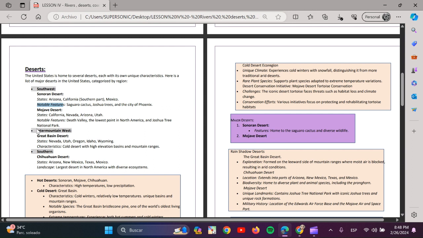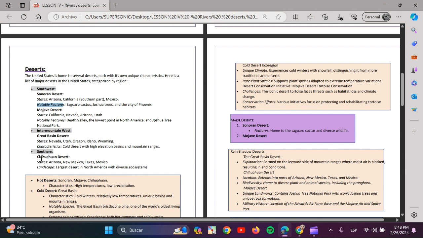Next region, in the Mountain West, we can find here the Great Basin Desert. This could go to Nevada, Utah, Oregon, Idaho, Wyoming. This is a cold desert. And in the southern region, we can find here Chihuahuan Desert.